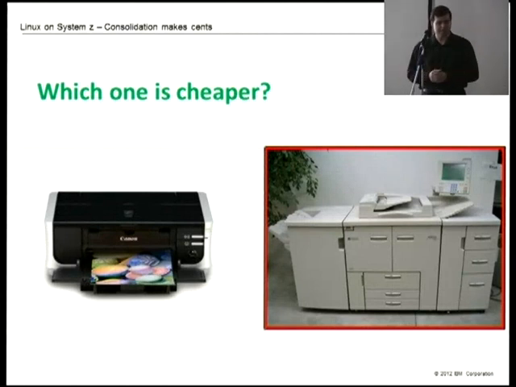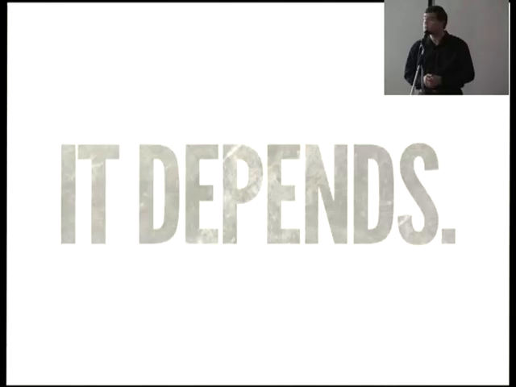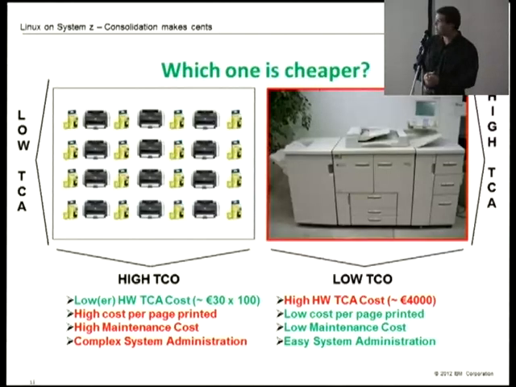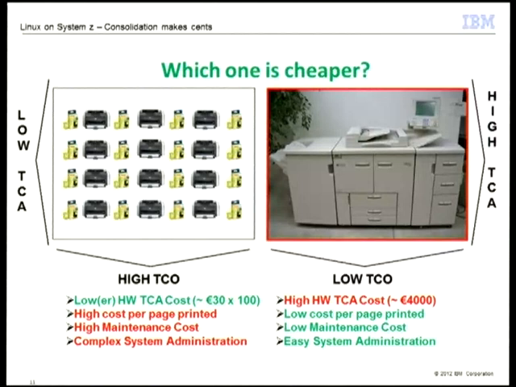And of course, the answer is, it depends. It depends on what you look at. It depends on if you look at just the amount of money you have to dish out to buy that thing, in which case you could actually buy 100 small printers. So give each of those people his own printer, and it will still be cheaper than to buy the big one.